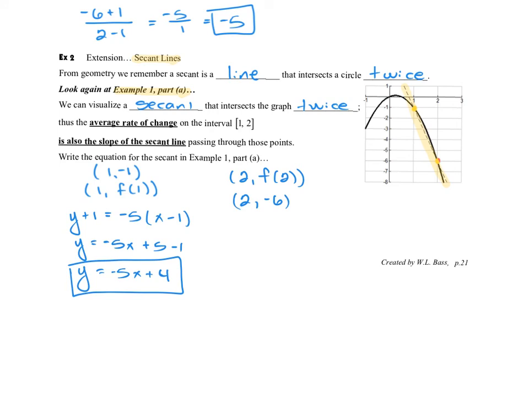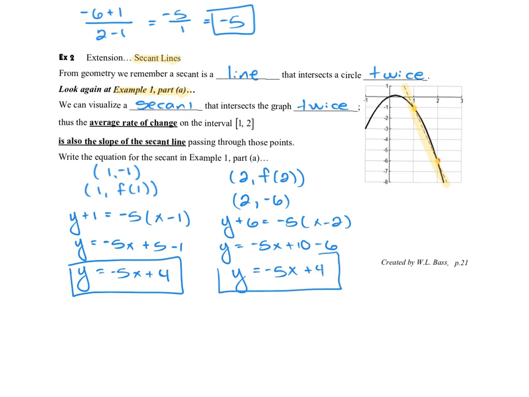I can write the equation for the line through that point, so y plus 6, my slope is still -5, x minus 2. Rearrange that, -5x plus 10 minus 6, and you'll notice that we get the exact same equation. So it doesn't matter which point you choose, you should get the same thing either way.